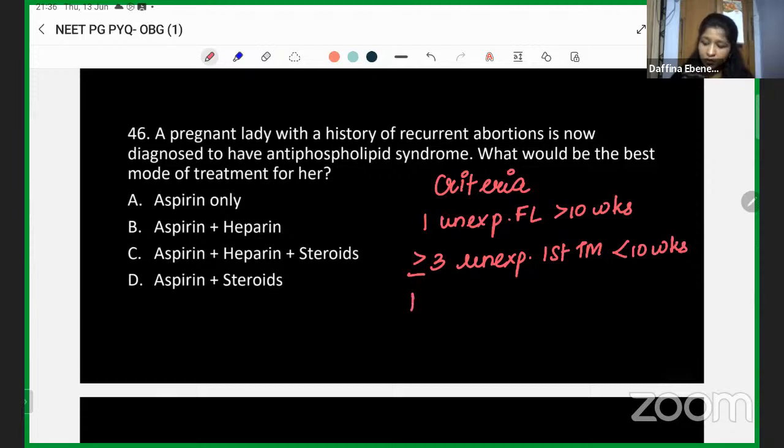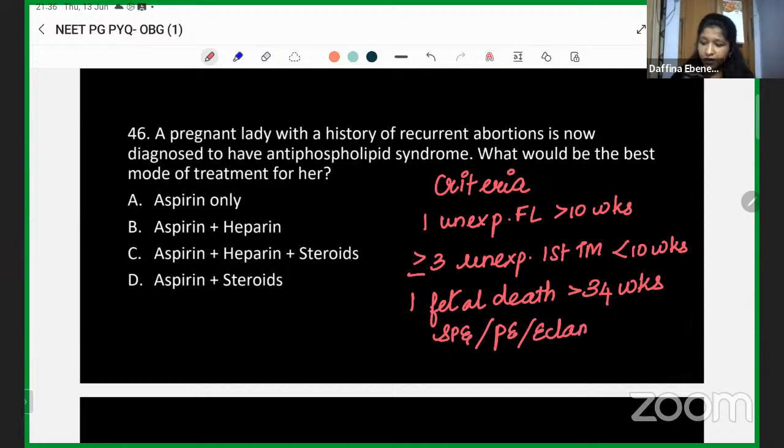Any one fetal death more than 34 weeks, either due to severe preeclampsia or eclampsia or any form of uteroplacental insufficiency. Okay, that is going to give the diagnosis of antiphospholipid syndrome.